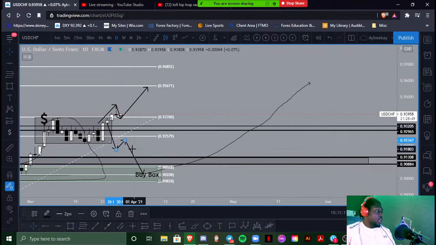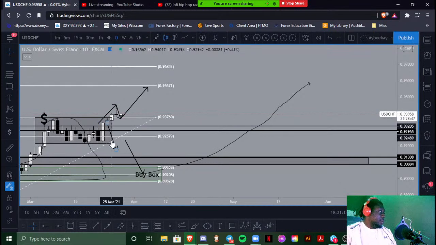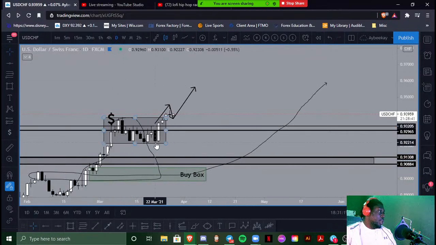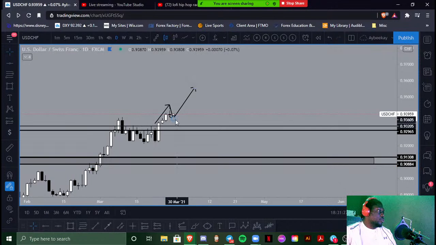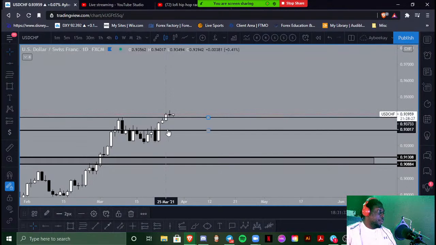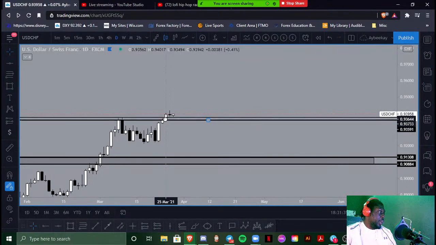And this latter one, even though I didn't really want it to go bullish, is what ended up playing out. So I'm going to get rid of this fib for now until I start seeing something else. We got the breakout of this consolidation zone. Get rid of all this stuff right here for now. Now I'm going to push these up here because this is where it really broke out of.